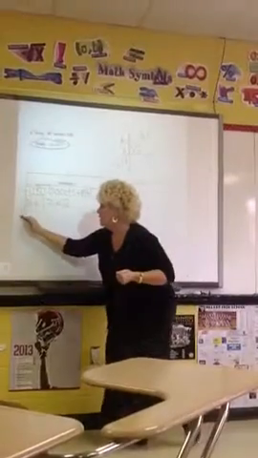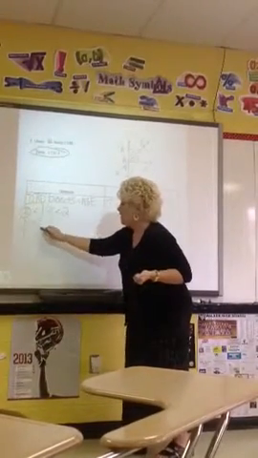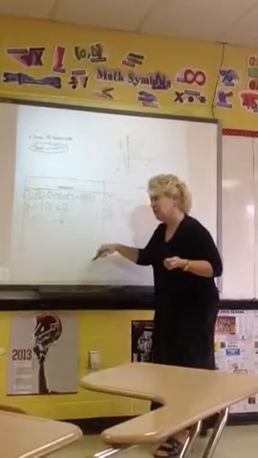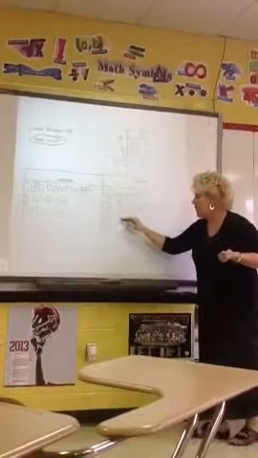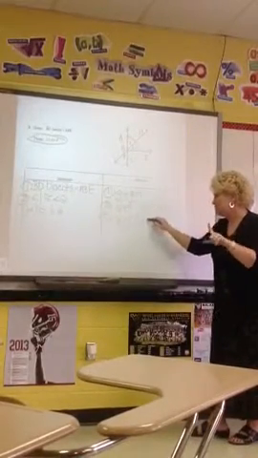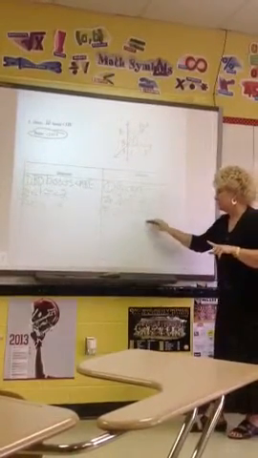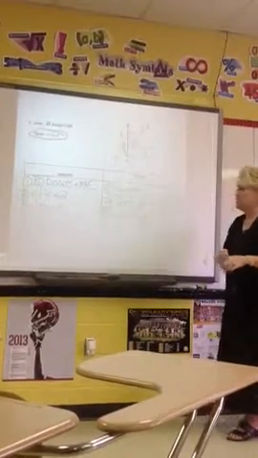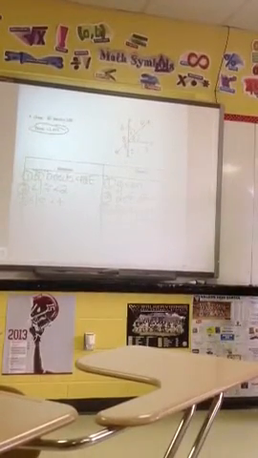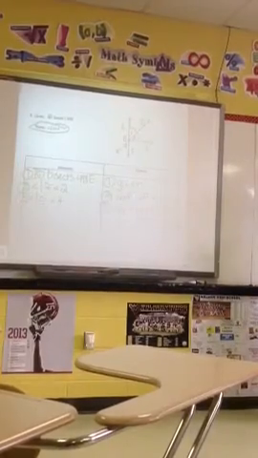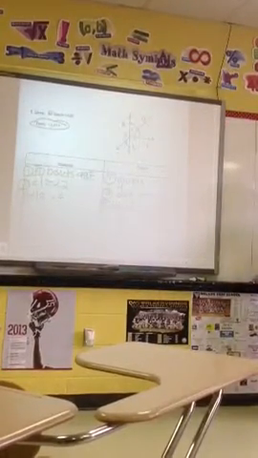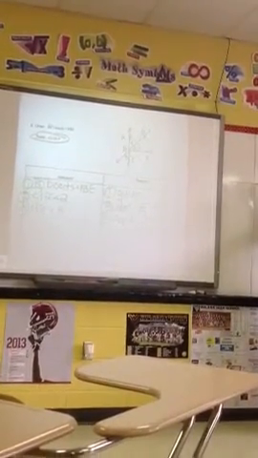So, and I don't know if I've made this clear or not, so I'm going to make it clear right now. There are certain things that you can get from a diagram. Vertical angles are one of those things. Linear pairs are another.